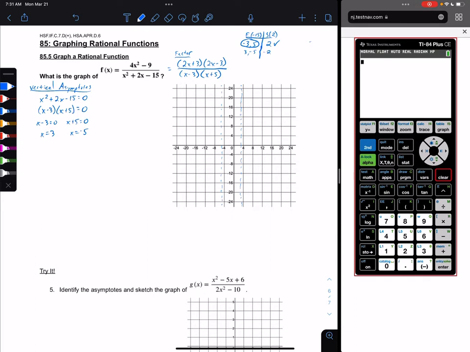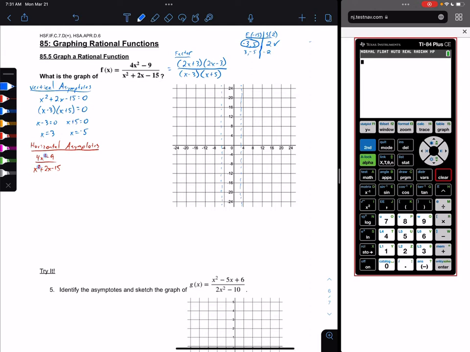Next, we want to look for the horizontal asymptote. If you remember, we need to look at the 3 potential cases. We need to take our expression, 4x squared minus 9 over x squared plus 2x minus 15, and compare our degrees.